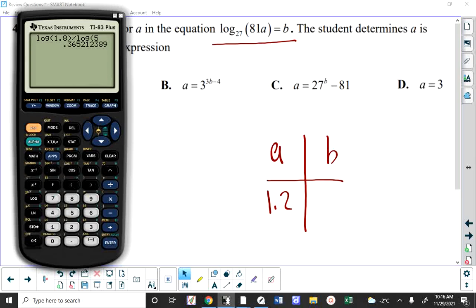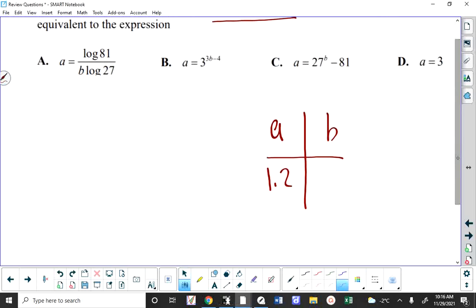So I'm going to take the base 27 logarithm of 81 times 1.2. Many of you would use the log base function, but I have to use the change of base function, so I'm going to take the log of 81 times 1.2 and divide by the log of 27. Let me write that down so you can see what I'm doing.